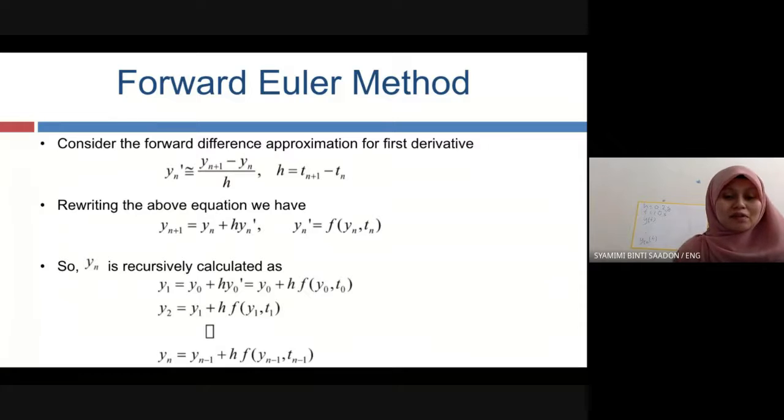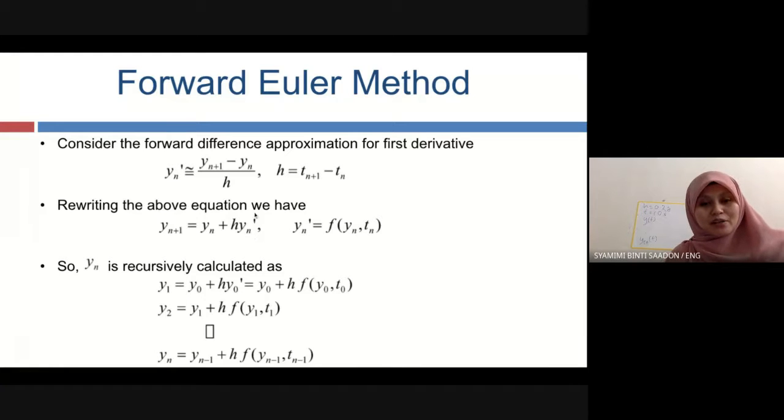So this is from the definition of the first derivative, where h is the time step, the difference of the step size. If you rewrite the definition, we have this equation, putting yn plus 1 on the left.